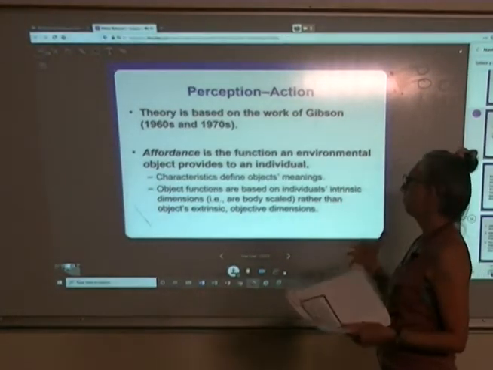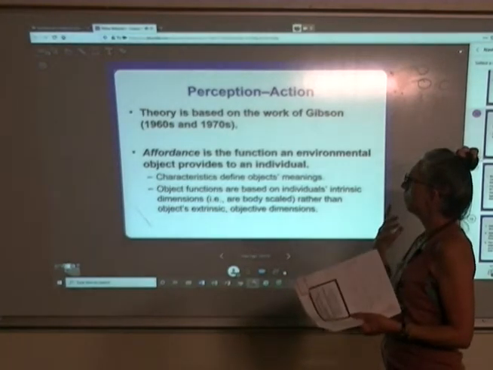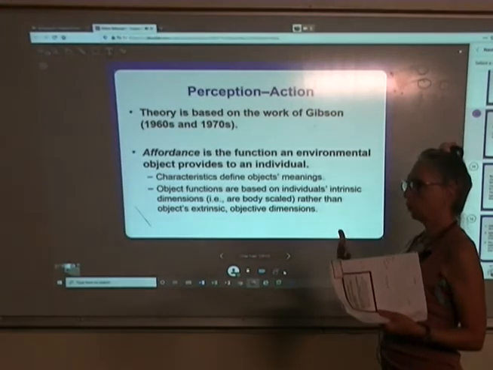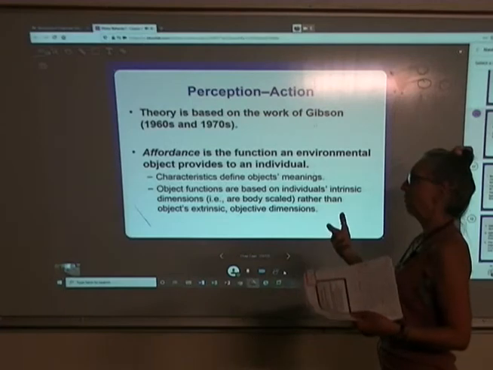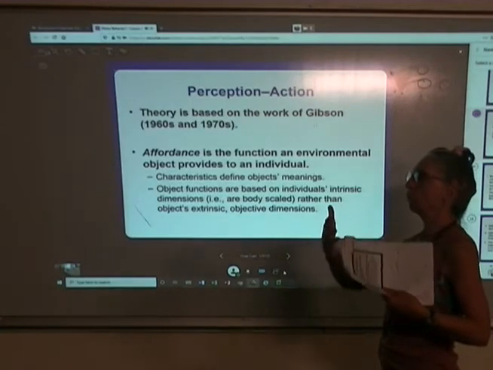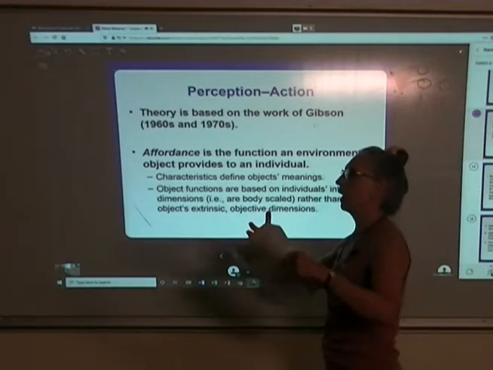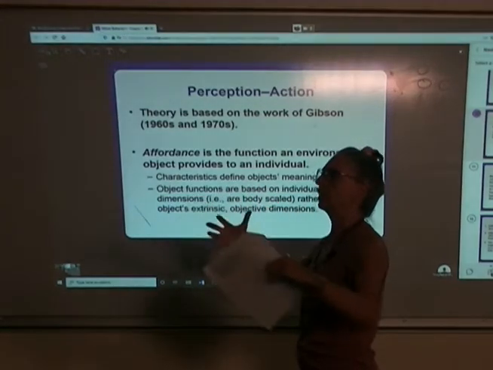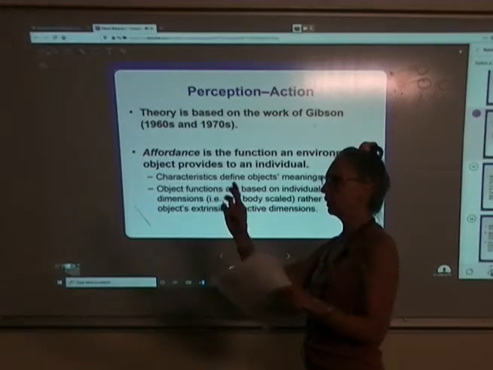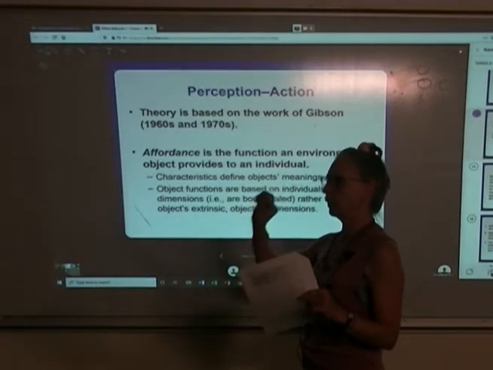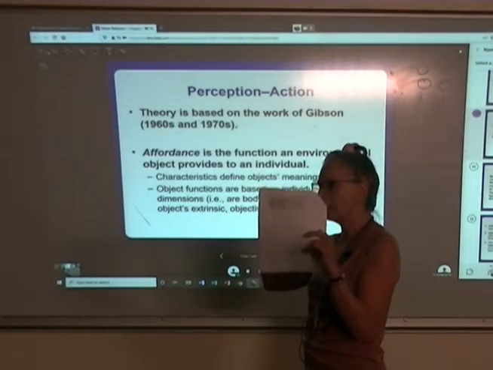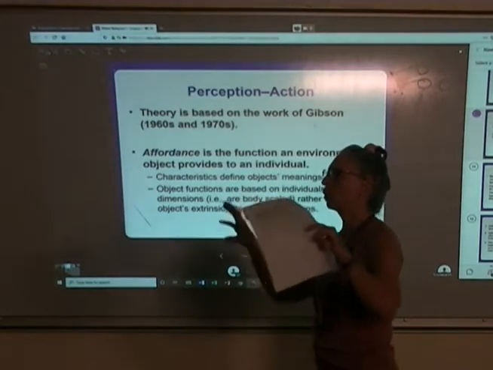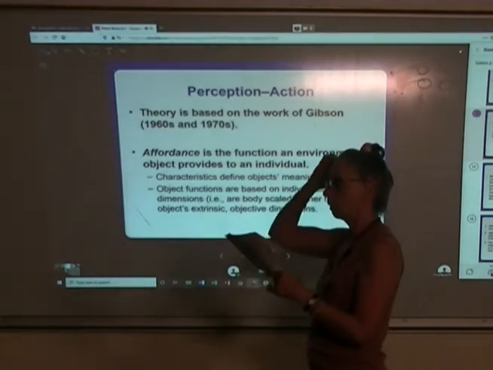And so in the research world, people have come to a point where they think about perception and action as evolving together, right? They're so intrinsically entwined that we can't look at one without the other, okay?